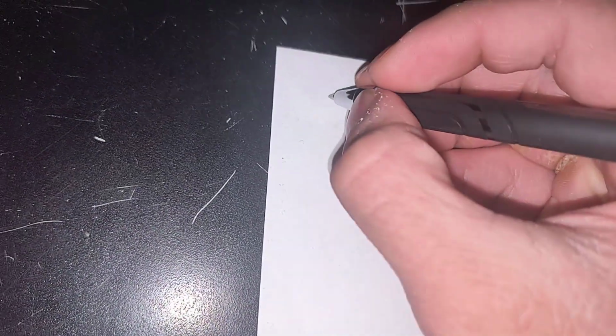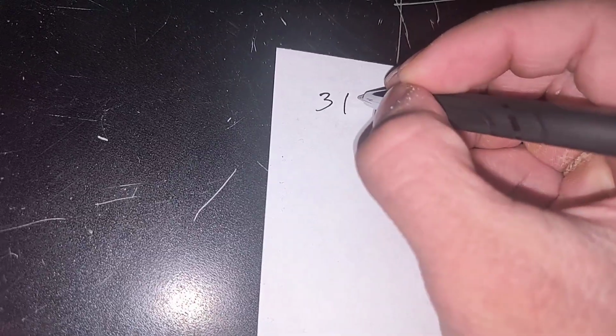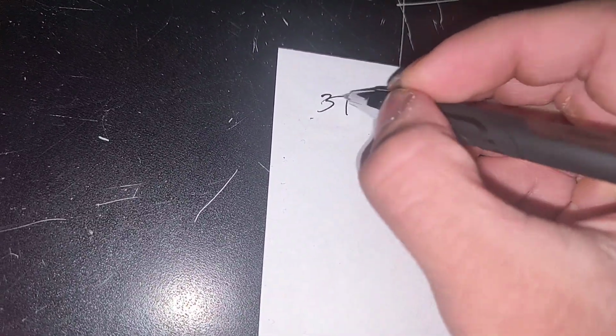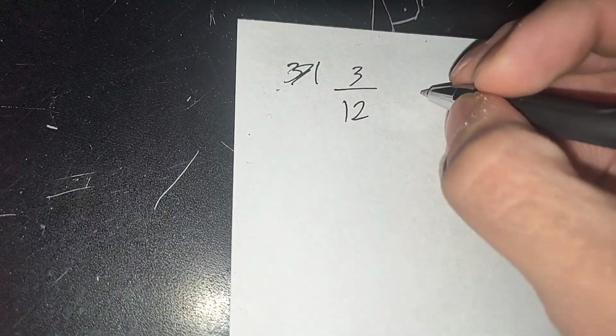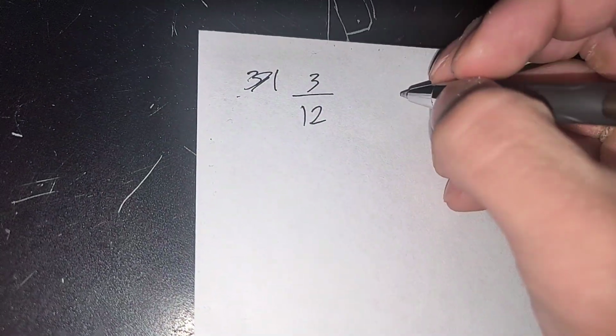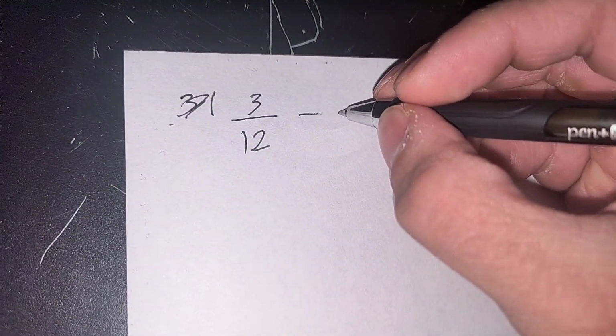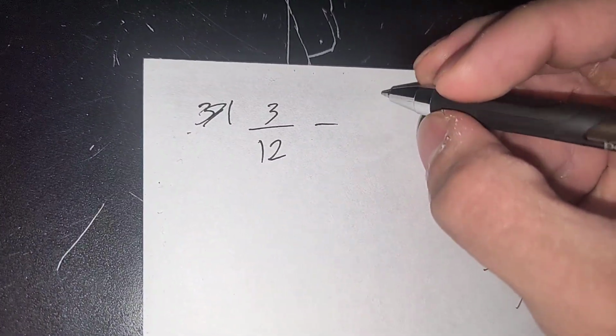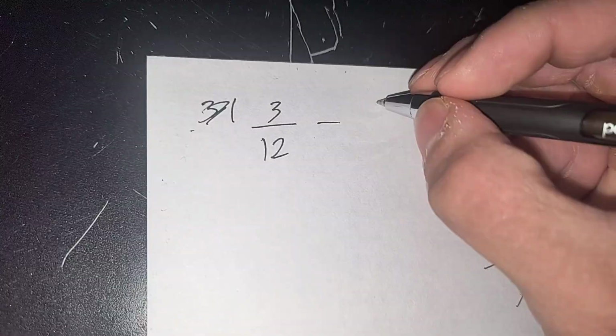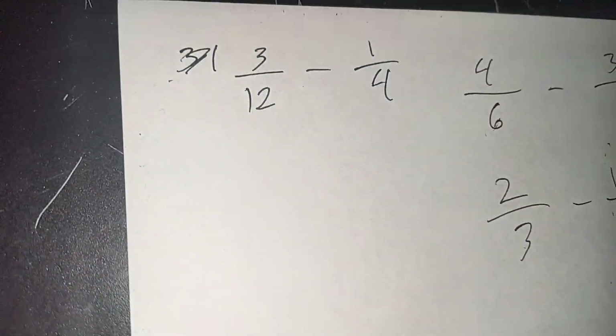Now what about, let's say, 3/12 minus, I don't know, 1/4. Let's write down the multiples of this.